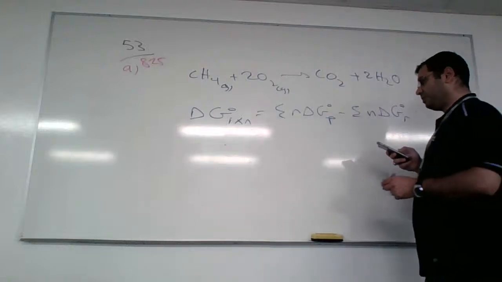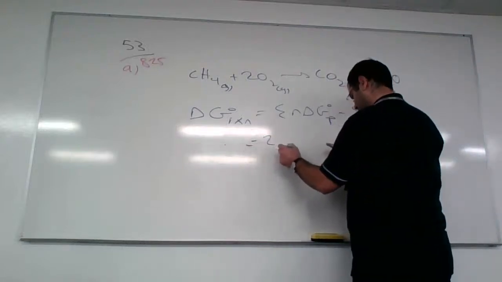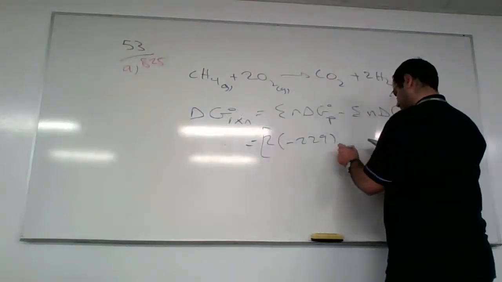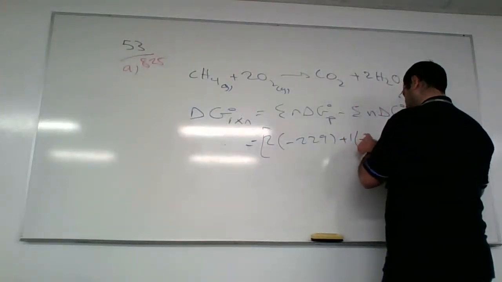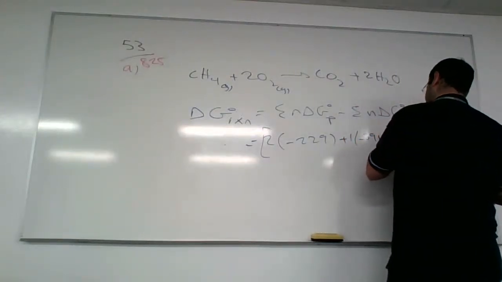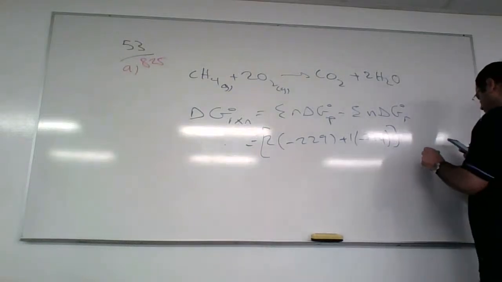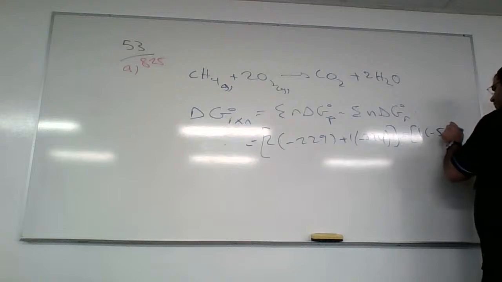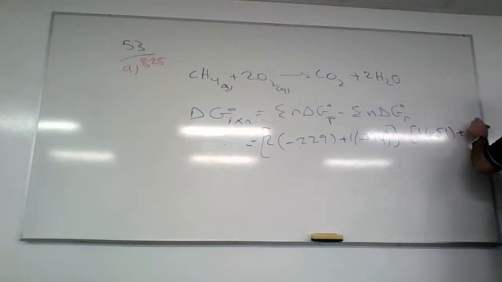So you get what, guys? 2 times minus 229, plus 1 times minus 394, minus 1 times minus 51. Of course, for oxygen it is 0.